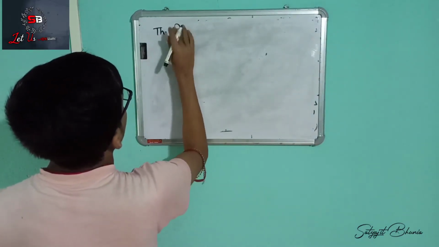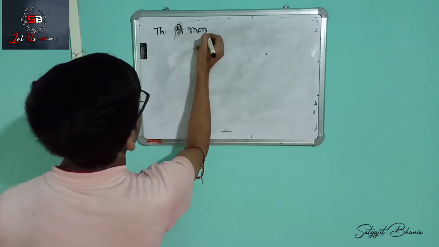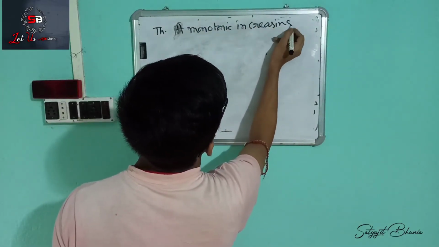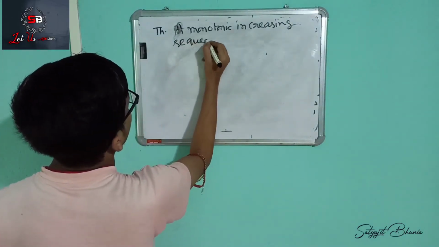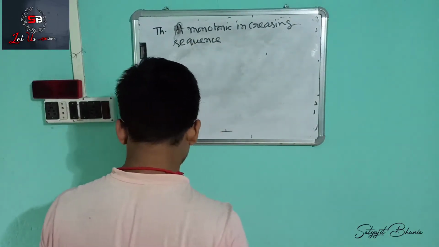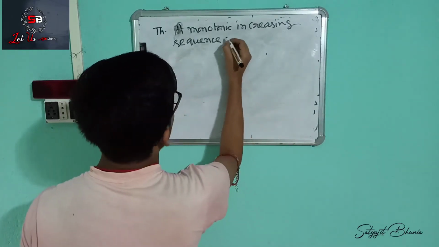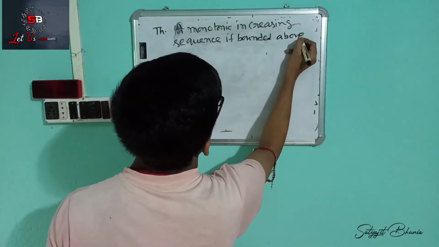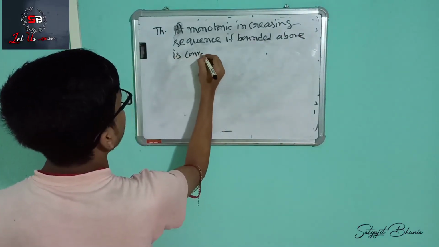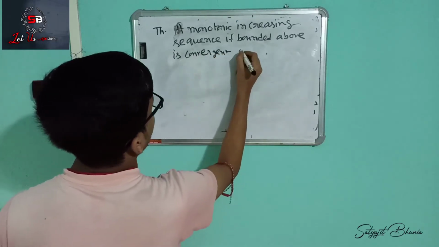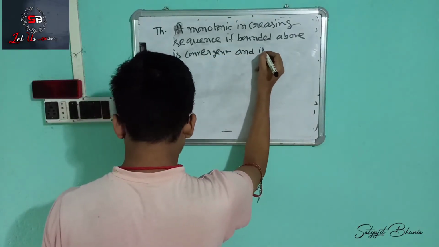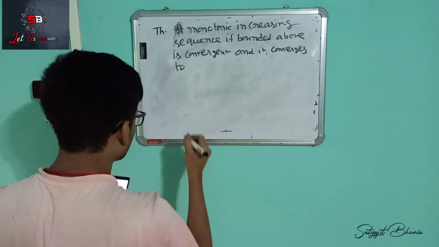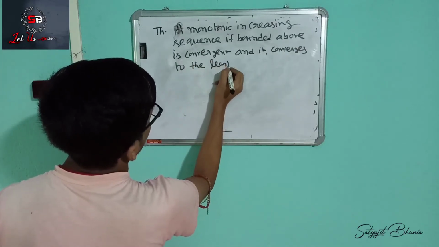Theorem: a monotonic increasing sequence, if bounded above, is convergent and it converges to the least upper bound.